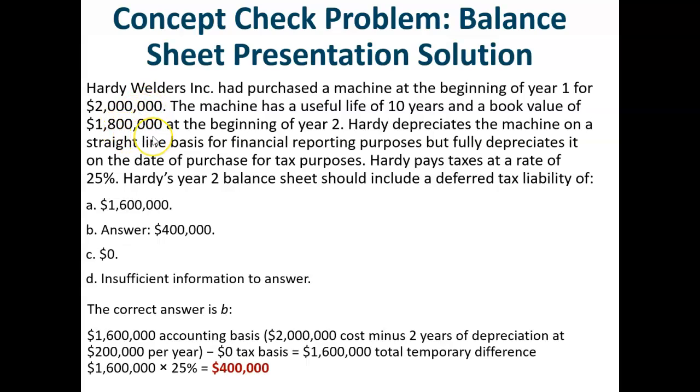There will be an additional $200,000 on the financial statements of depreciation expense for year 2, so the book value of the asset will be reduced to $1,600,000 at the end of year 2. $1,600,000 times 25% is $400,000 deferred tax liability.